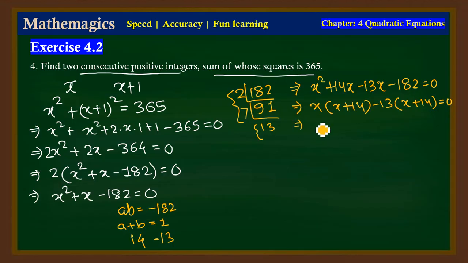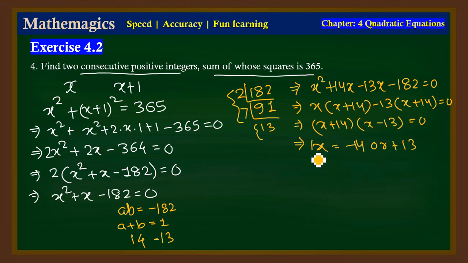And here x plus 14 will go common, so the remaining part becomes x minus 13, that is equal to 0. Here again I will write either x is equal to minus 14 or minus 13 will go that side, that becomes plus 13.